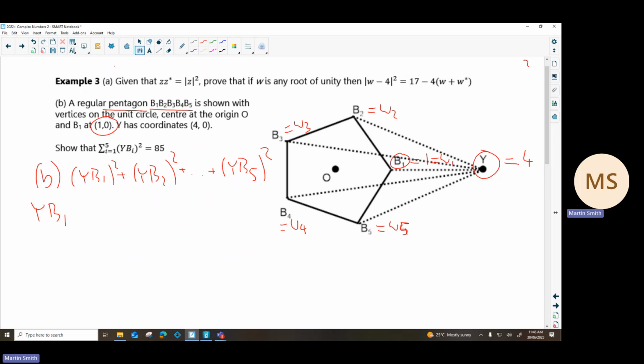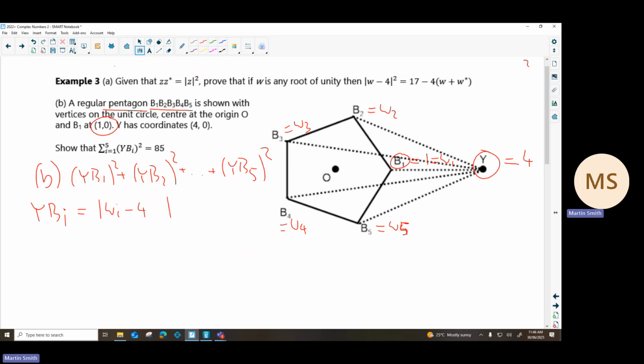Now what I claim is true is this. Let's not do YB1, let's just do Y to Bi. So YBi means the distance between Y and Bi. The distance between two points is got by subtracting the complex numbers and taking the modulus. So the distance between Y and Bi is Wi take away 4, then do the modulus.